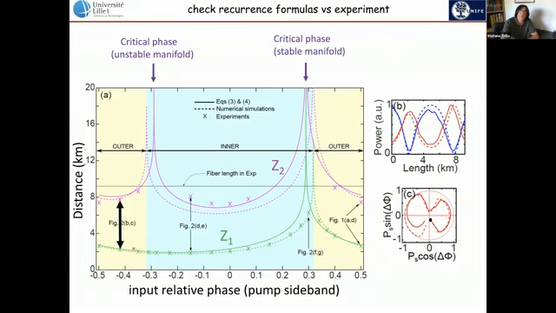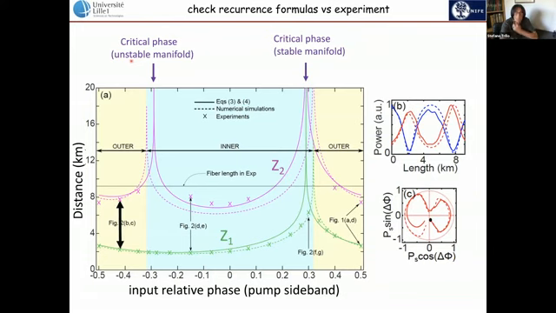As you move toward the right, the distance of the first recurrence decreases according to the formula, while the second is increasing. And there is a minimum. This minimum is precisely at the critical phase, which corresponds to the unstable manifold of the separatrix that I've shown.